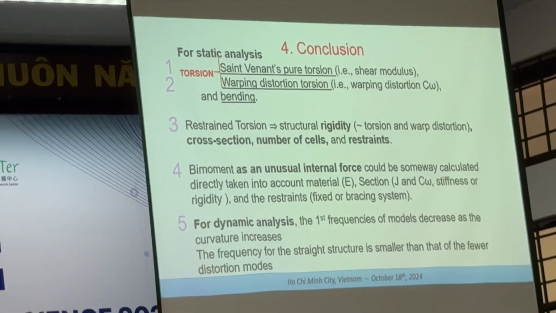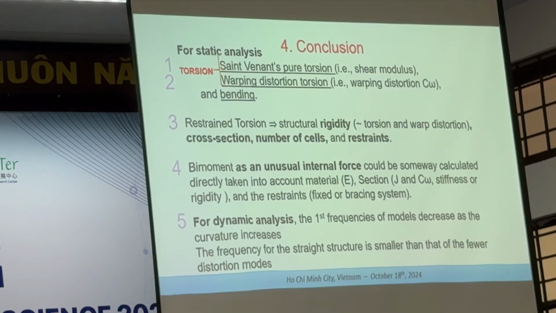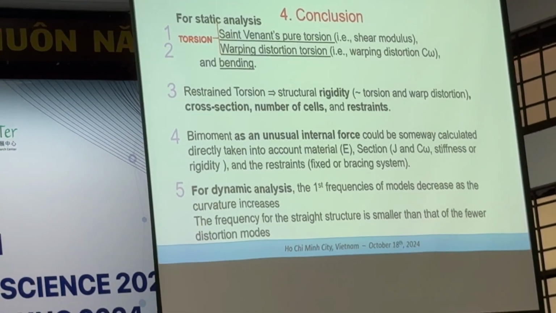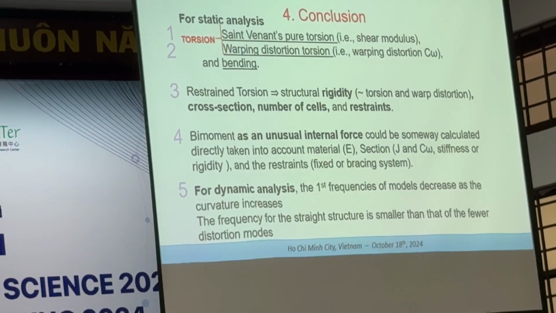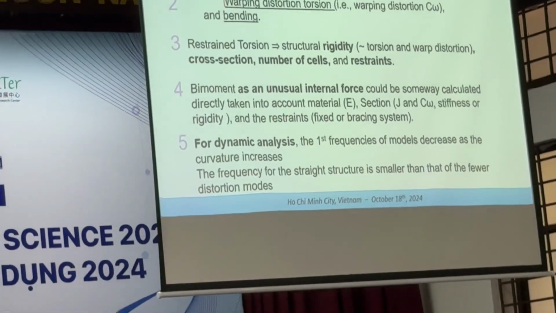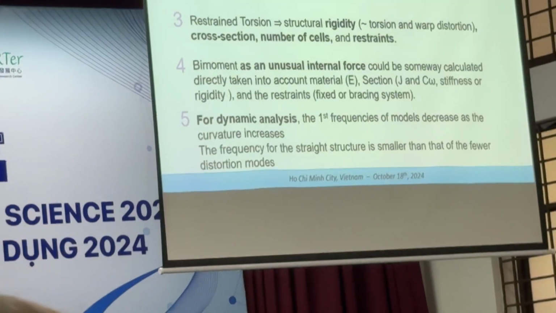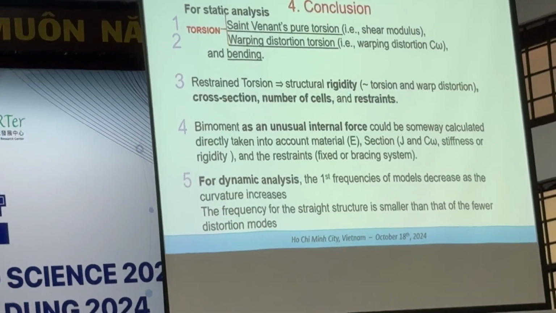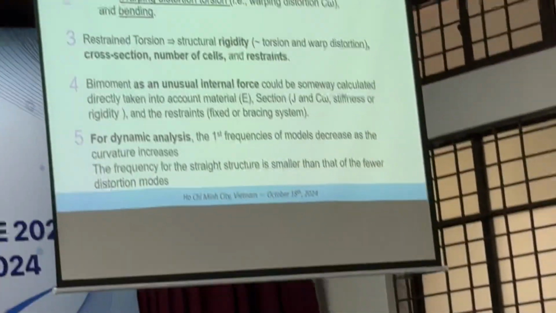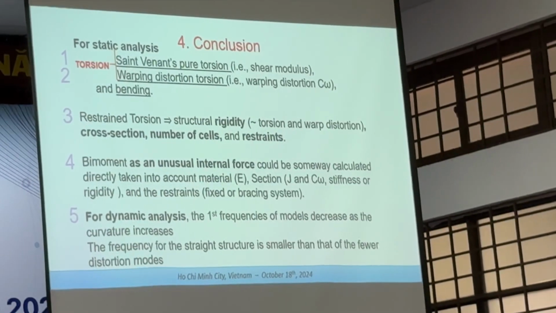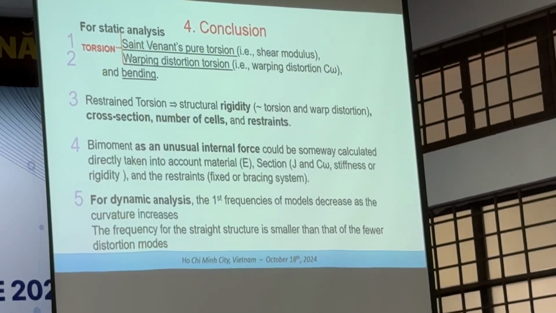All of these can contribute to the restraint torsion. As for the dynamic analysis, the first frequency of the model decreases as the curvature increases, and the frequency for a straight structure is smaller than that of the fewer distortion mode. Fewer distortion mode means a smaller number of cells.